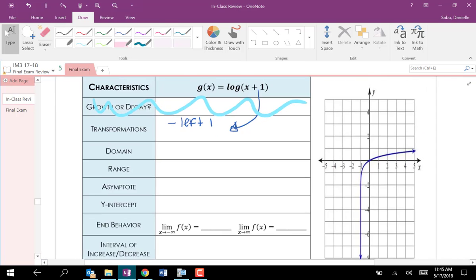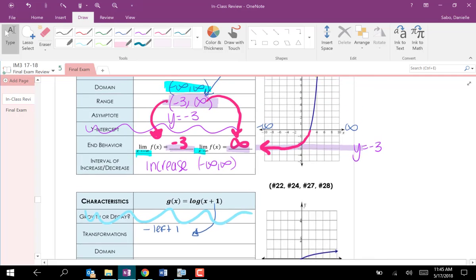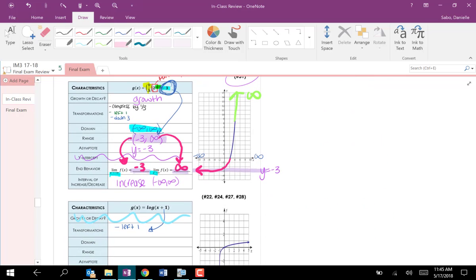Your domain. Now, with inverses of exponentials, your x and y are changed. So let's just talk about this so that you mathematically have an understanding. The domain of all exponentials is always all real numbers. But if your domain is all real numbers here, what's going to happen in the inverse function? Do you remember? That's a really hard question, but I want to know if you can get it.